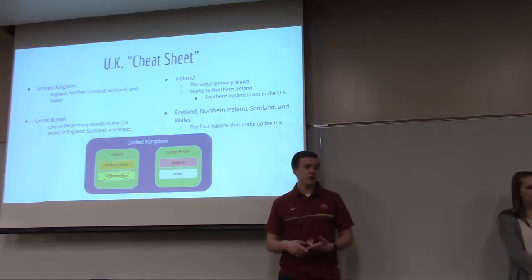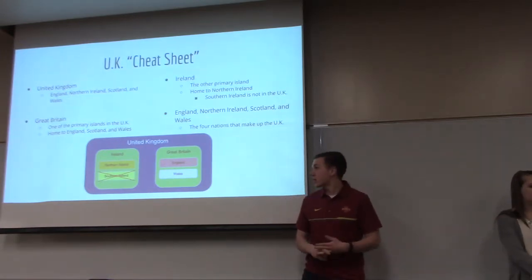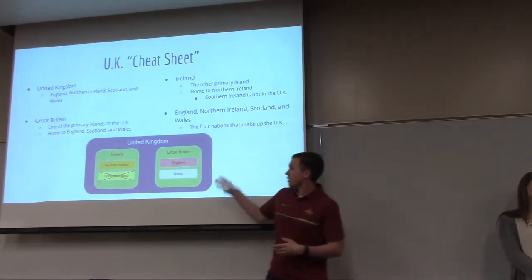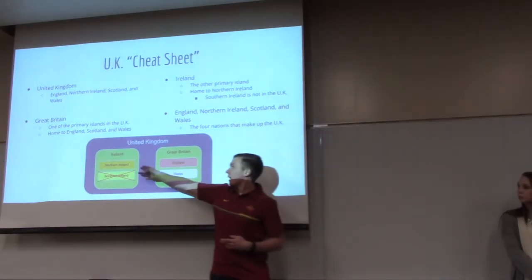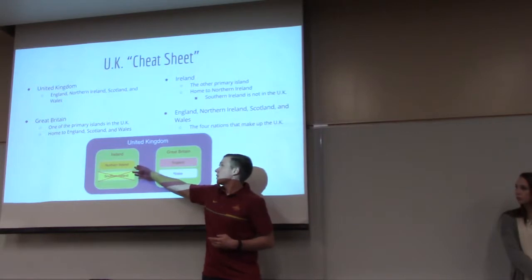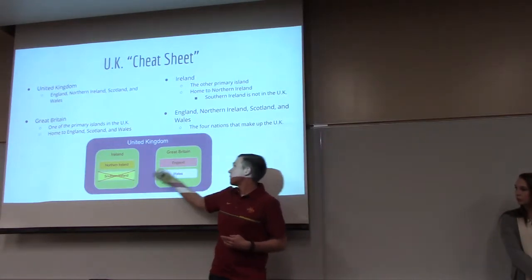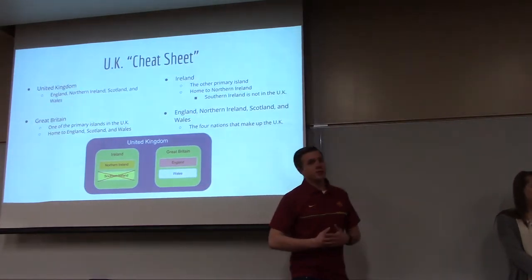And England, Northern Ireland, Scotland, and Wales are the 4 individual nations that make up the UK. As you can see from our little diagram here, it shows the UK consisting of Ireland and Great Britain. Northern Ireland is a part of Ireland, and Southern Ireland is not. And as for Great Britain, we have England and Wales that make up the body.